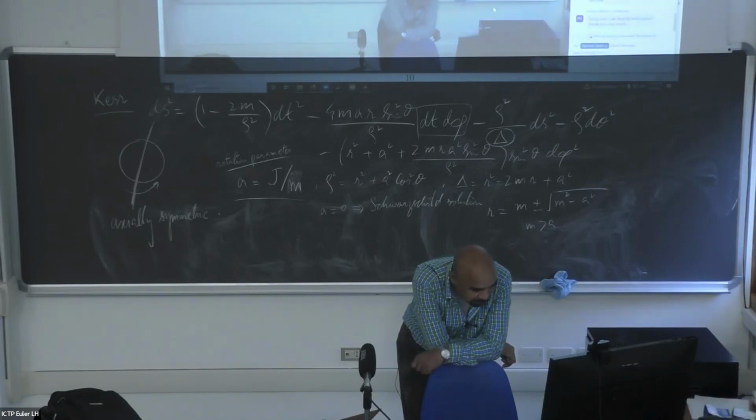And this evaporation is by means of Hawking radiation. So these effects we get only if we incorporate quantum mechanical effects in classical relativity, which I will not discuss at all.